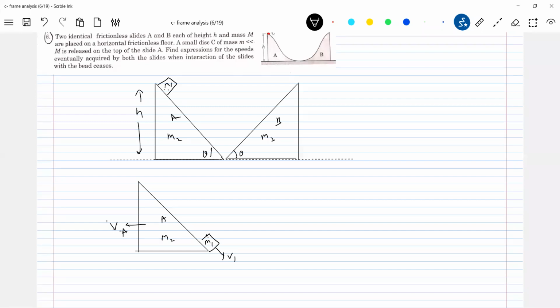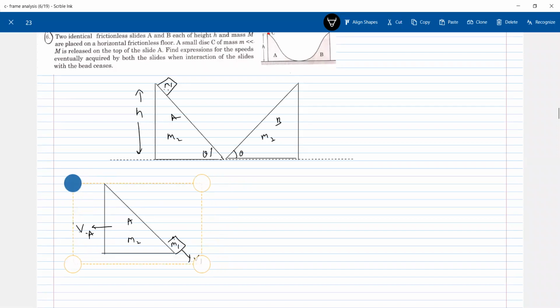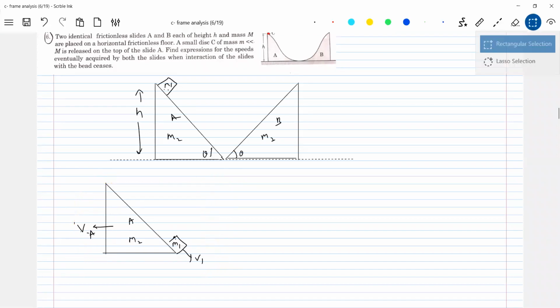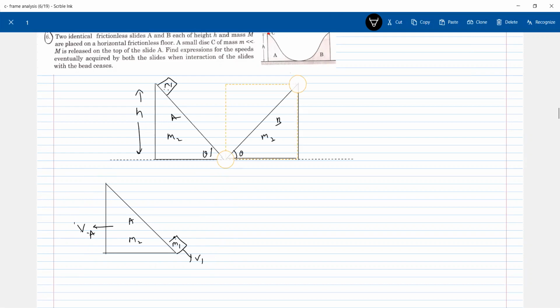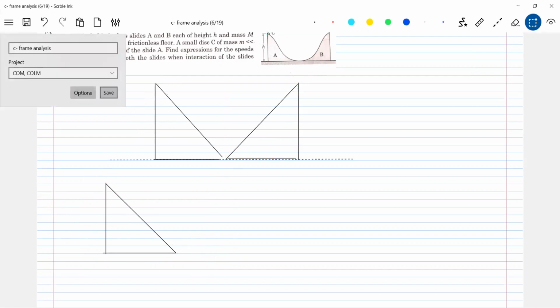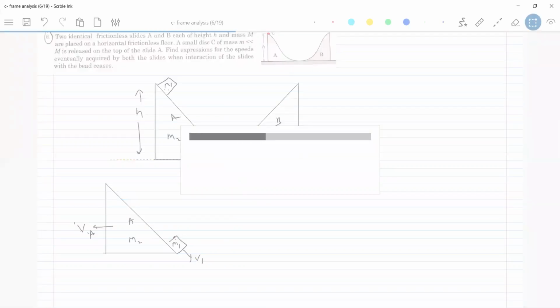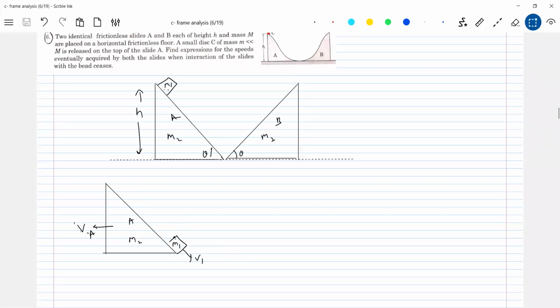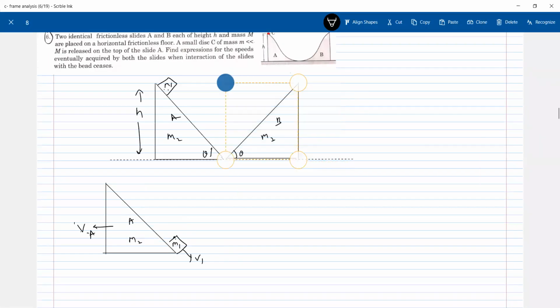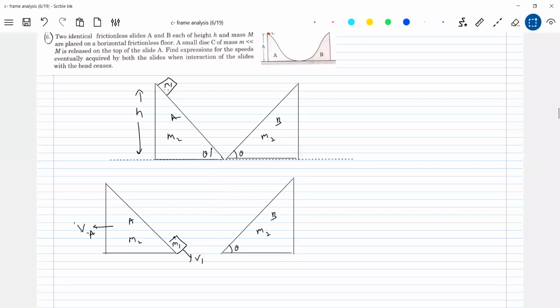The other wedge will not change its position, it will be there only.